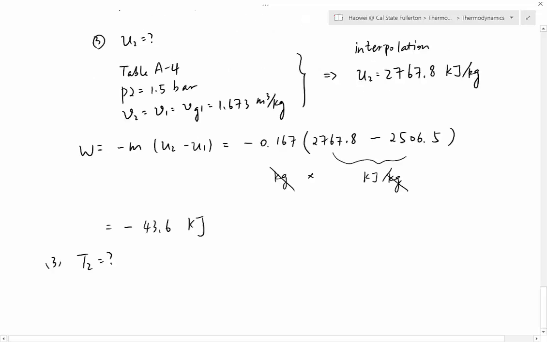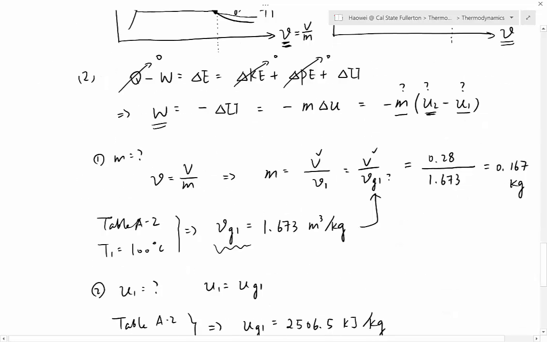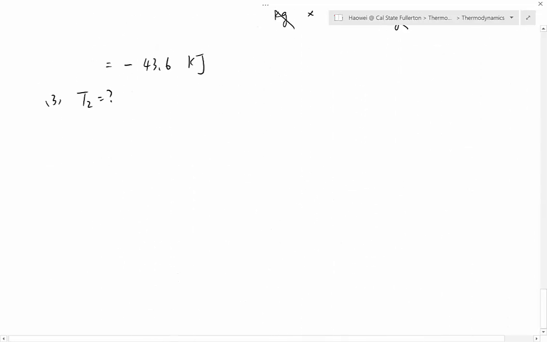What's the phase of number 2? If you ever forget, you can always go back to the diagrams. Point number 2 is to the right side of the vapor dome, so point 2 must be superheated. If you're looking for the property of superheated water vapor, you should always go to table A4.